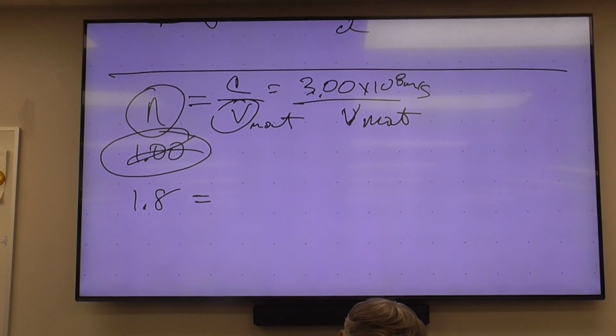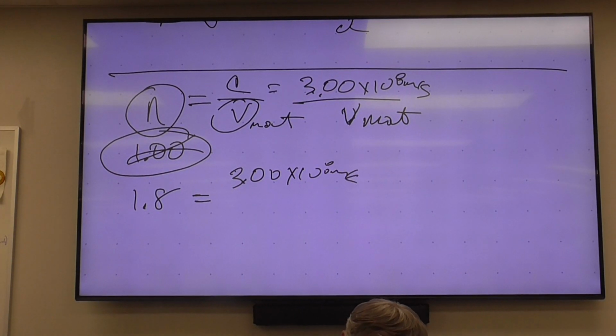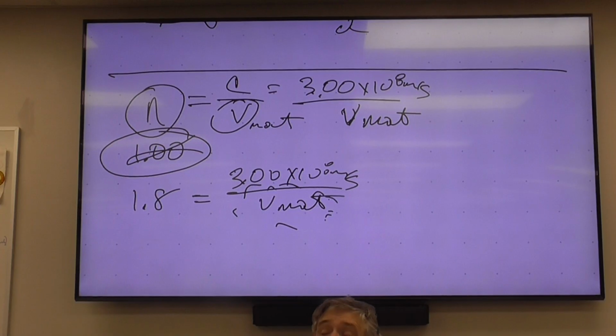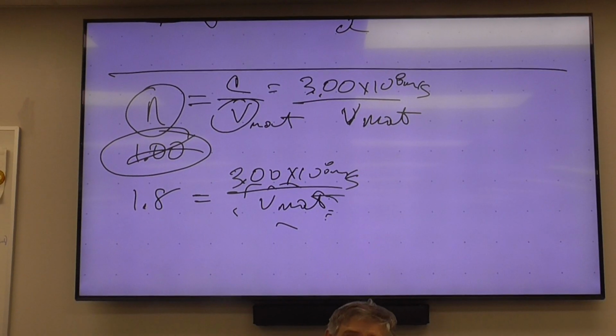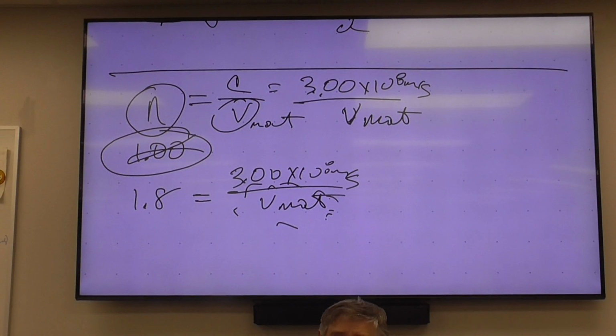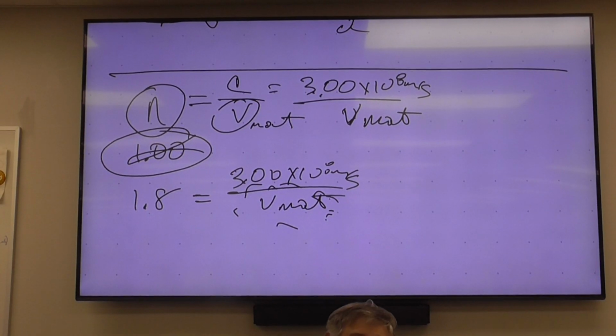So if your n value is 1.8 and c is 3.00 times 10 to the 8th meters per second, how are you going to get the velocity in the new material? Just before you do anything, is this velocity in the new material bigger or smaller than 3.00 times 10 to the 8th? Smaller. So if you ever calculate a velocity using an index of refraction and you get a number bigger than the speed of light, you have done something horribly wrong.